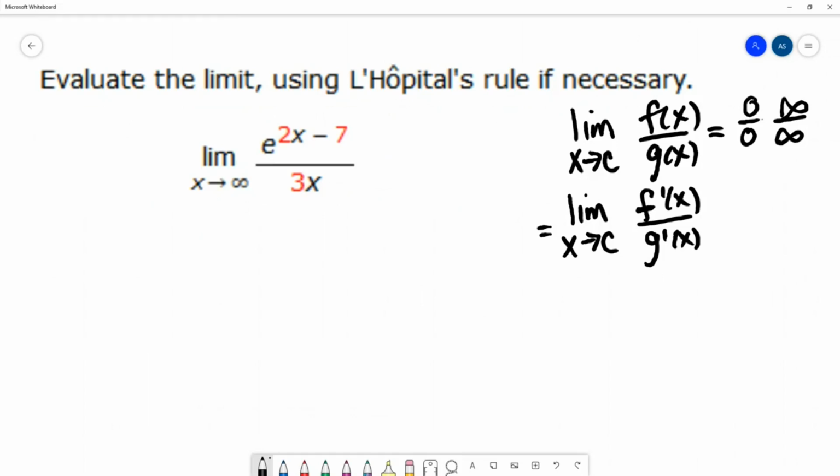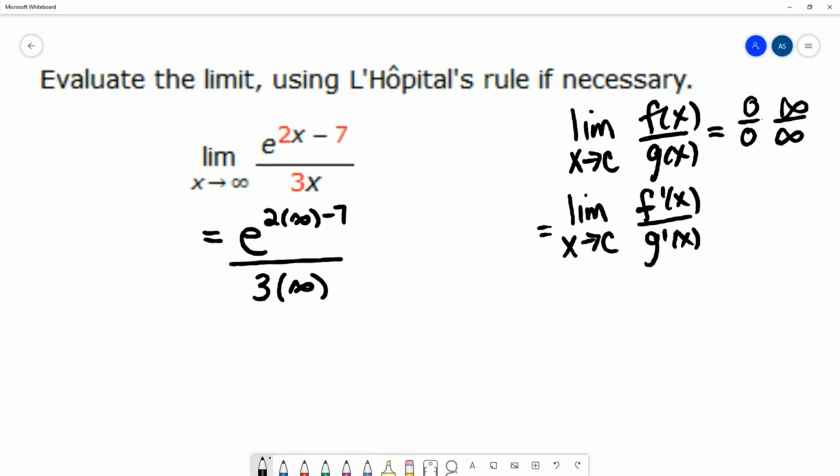So we have the limit as x approaches infinity of e to the 2x minus 7 over 3x. We're going to start with direct substitution, and that would give us e to the 2 times infinity minus 7 over 3 times infinity.